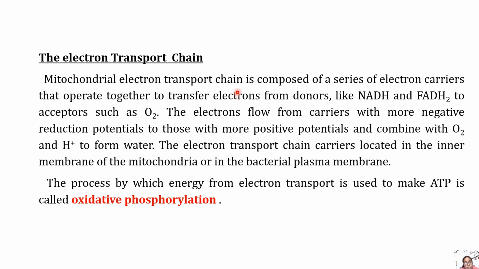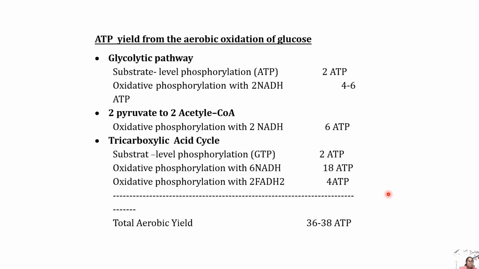The electrons flow from carriers with more negative reduction potentials to those with more positive potentials and combine with O2 and H plus to form water. The electron transport chain carriers are located in the inner membrane of the mitochondria or in the bacterial plasma membrane. The process by which energy from electron transport is used to make ATP is called oxidative phosphorylation.